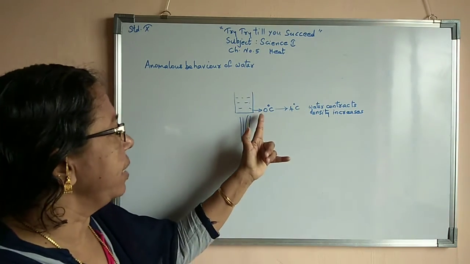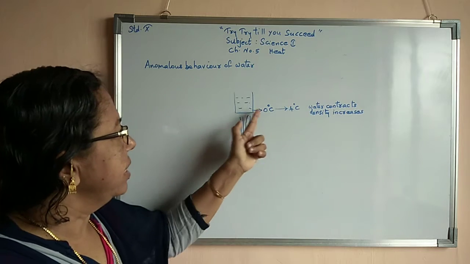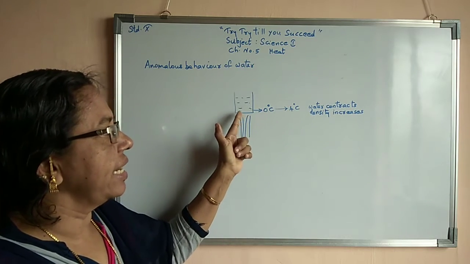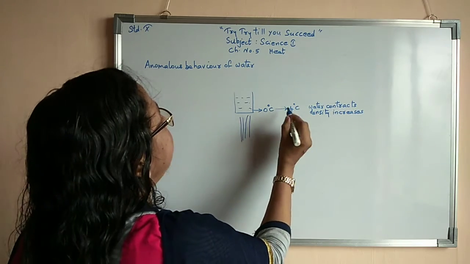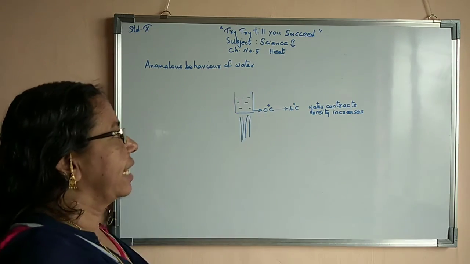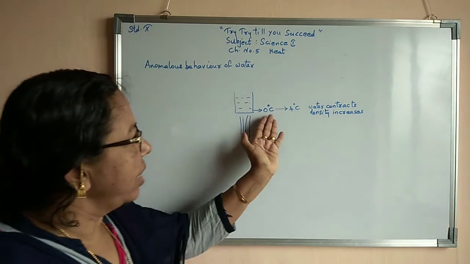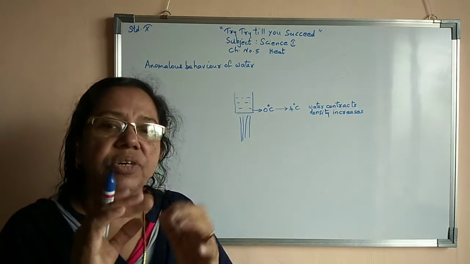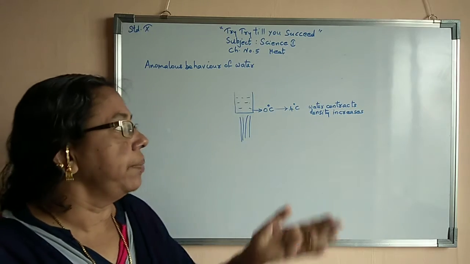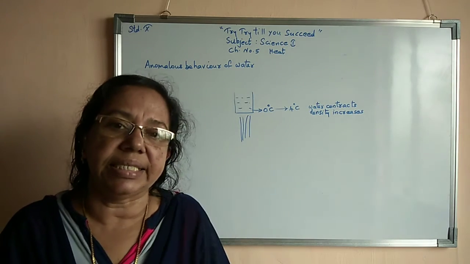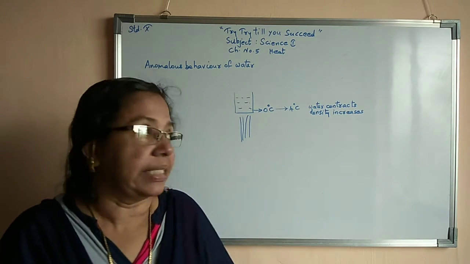So here what is happening: when we start heating from 0 degrees Celsius to 4 degrees Celsius, as temperature rises, the volume of the water reduces. At the same time, its density increases.